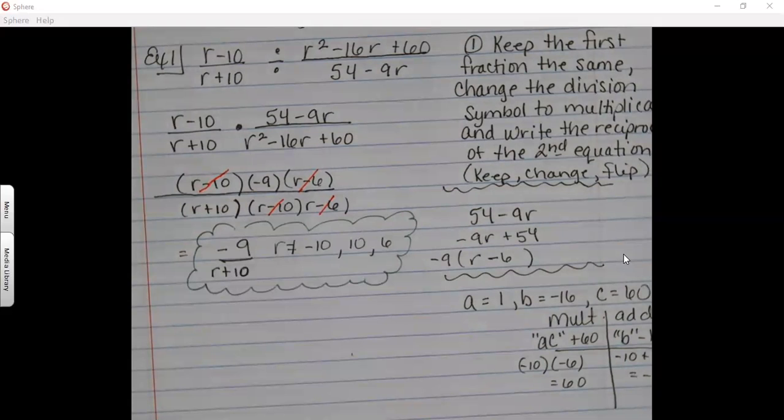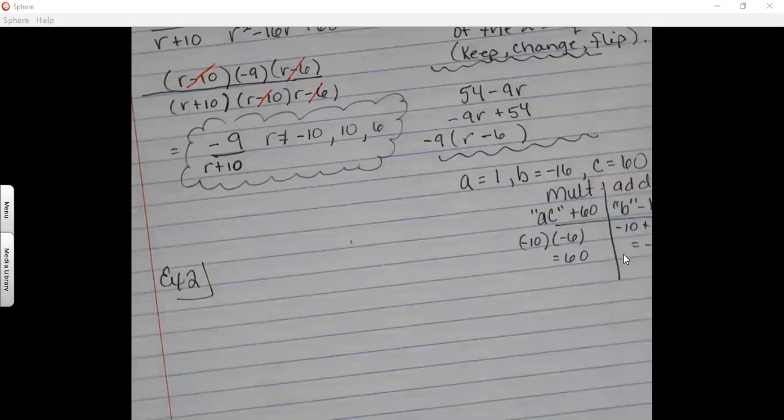All right, let's do 5x minus 15 divided by 9x. So that's your first fraction or rational expression, 5x minus 15 over 9x.